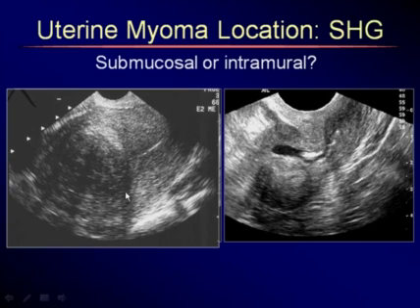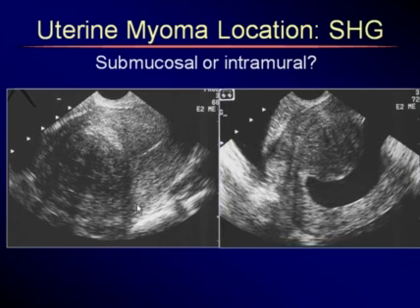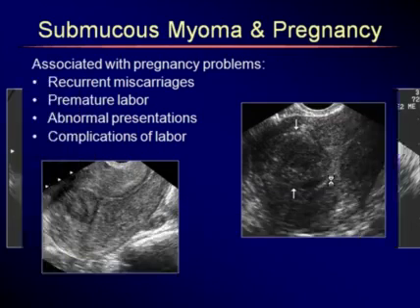Another one here, what is the submucosal intramural component? The sonohysterogram shows that about half of it is submucosal and the other half is intramural, and there is a good thick covering of myometrium. So this could be removed hysteroscopically.